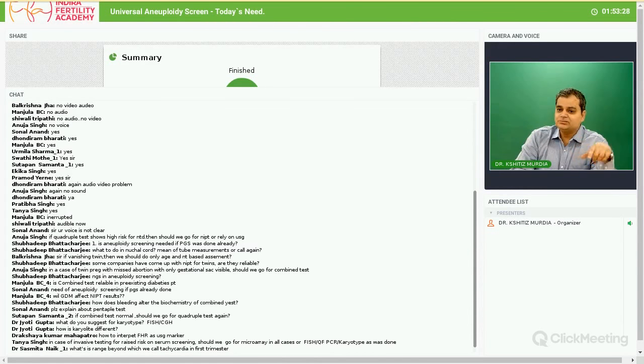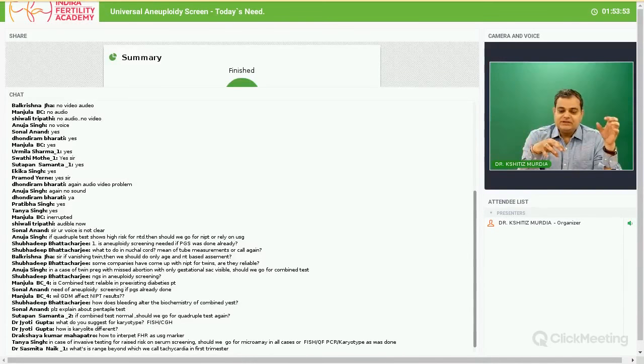If you have done any kind of screening test and the risk is high, definitely you have to do invasive testing, and in that you can do karyotype or microarray, only these two things.